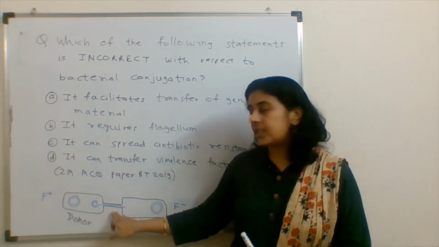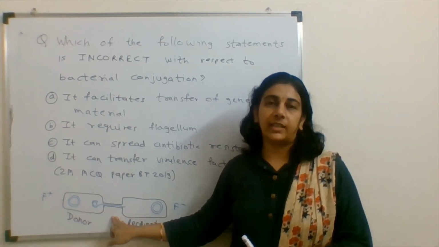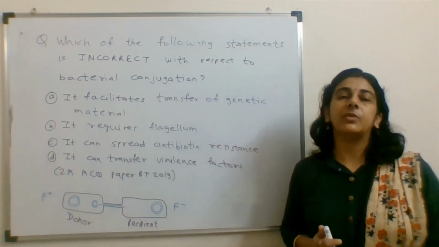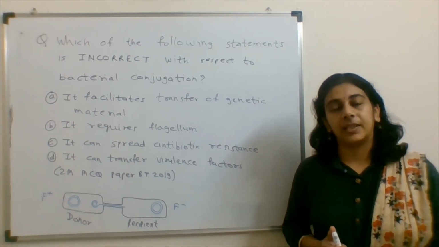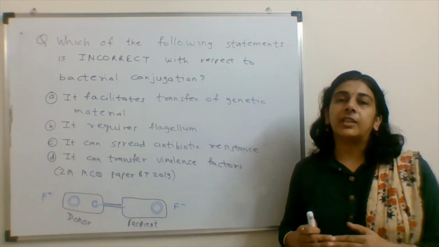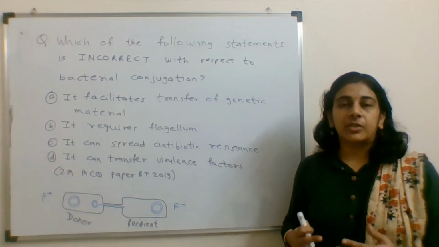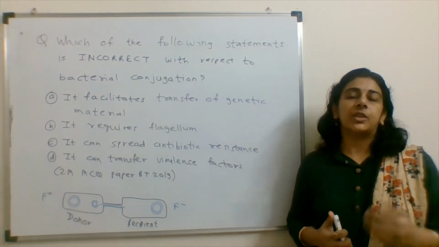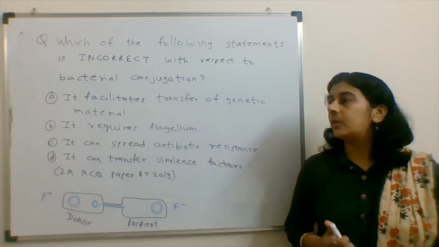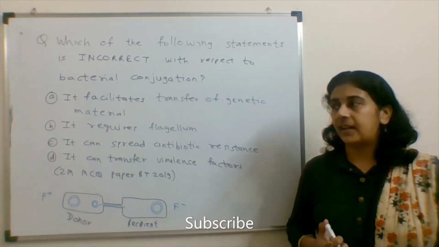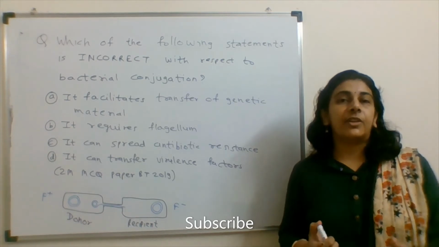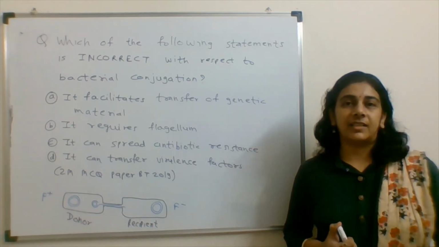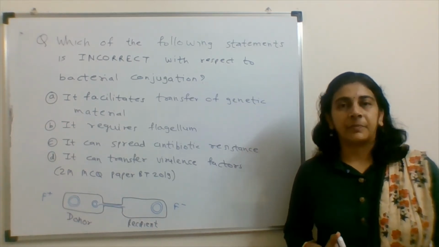The bridge which is formed between these two bacterial cells is formed using the structure known as pili. Pili is there for the formation of the conjugation bridge. Another such structure on the bacterial cell is cilia, and cilia is there for the attachment of the bacterial cell to some substrata.